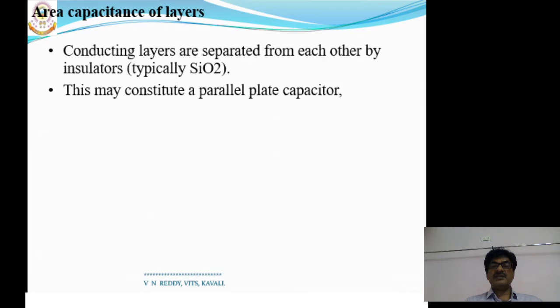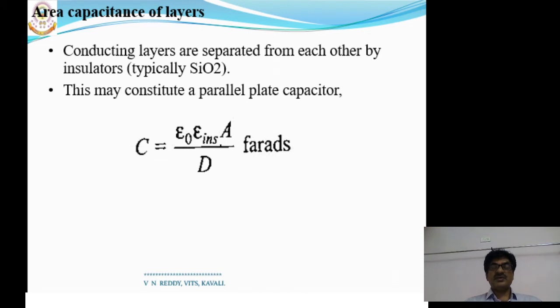Similarly, the area capacitance is expressed as, the area capacitance means, you know, in the MOS structure, almost the layers are separated by silicon dioxide layer, so that you can treat that separation as a parallel plate capacitor.